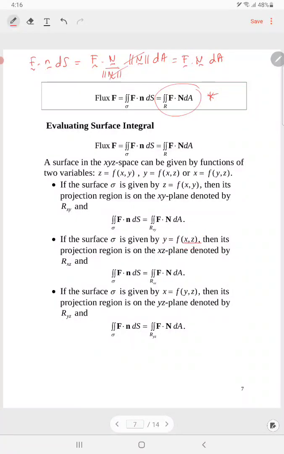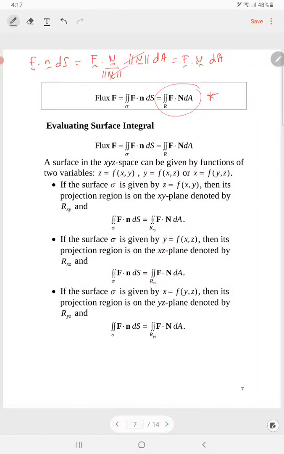If your surface is given as y as a function of x and z, you project onto the xz plane, and again unit normal vector dS is replaced by normal vector dA. And lastly, if your surface sigma is given as x as a function of y and z, you project onto the yz plane, and again unit normal vector dS is replaced by normal vector dA.